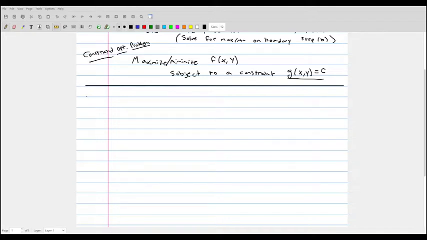So we transform the constrained optimization problem into an unconstrained optimization problem, which we know how to solve.